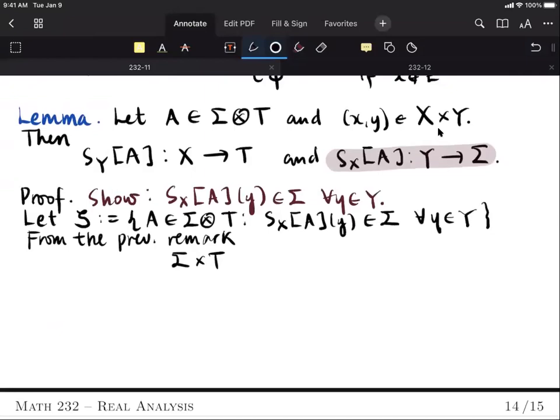Therefore, this implies that sigma cross T is a subset of S.